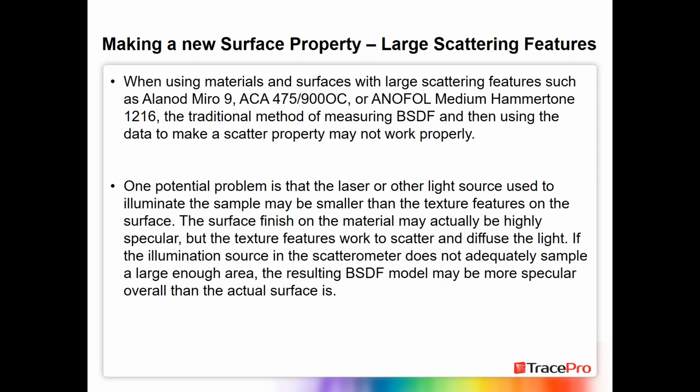So the surface finish may actually be highly specular, but adding the large textures works to scatter and diffuse the light. So if your illumination source in the scatterometer does not adequately sample a large enough area, the resulting BSDF model may be more specular than the overall actual surface is.